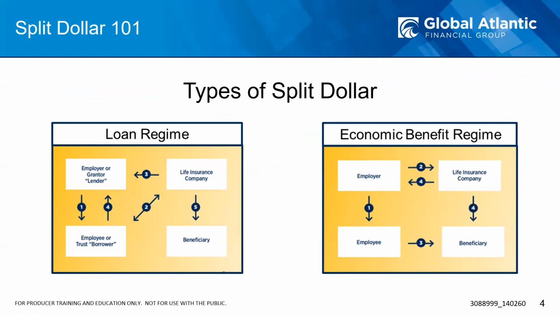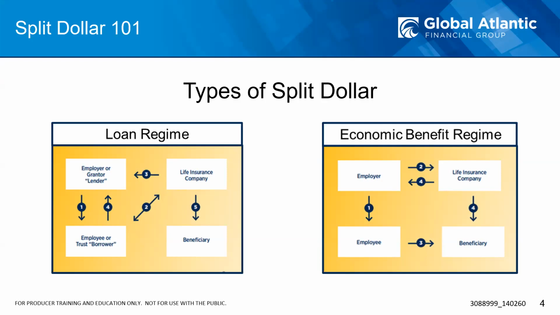And by engaging in a split dollar plan and loaning the money, you can more efficiently transfer money with the current tax requirements. So that's just in a quick nutshell why you might use this for estate planning. But again, throughout this presentation, we're going to focus on the employer-employee relationship and using this in a business setting.